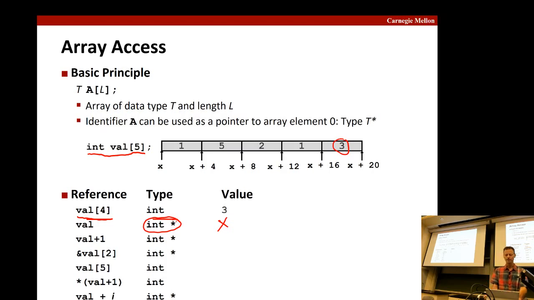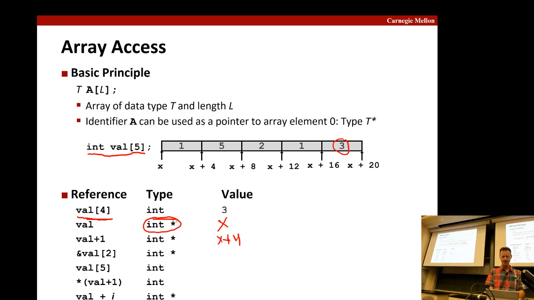Now in C, you can do strange things like do arithmetic on these pointers. So if I do val plus 1, the type is still int star, but where does that jump me to? X plus 4. Because it knows that you're skipping ahead 1 in this counter here.